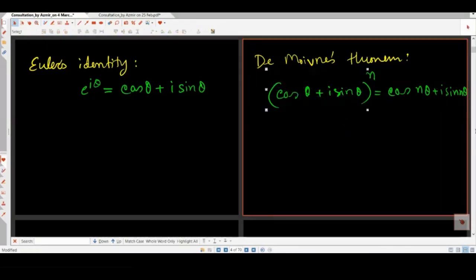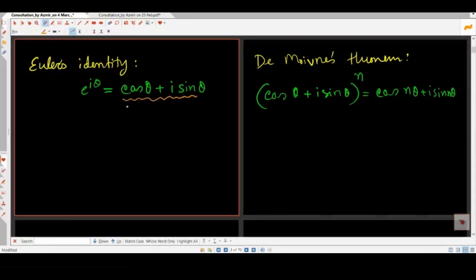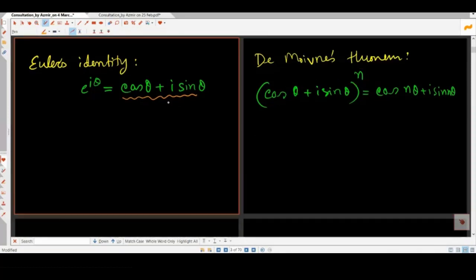So we can make a relation between Euler's identity and de Moivre's theorem. You can see that cosine theta plus i sine theta can be written as e to the power i theta. It is true for all cases, but remember, this n should be an integer.